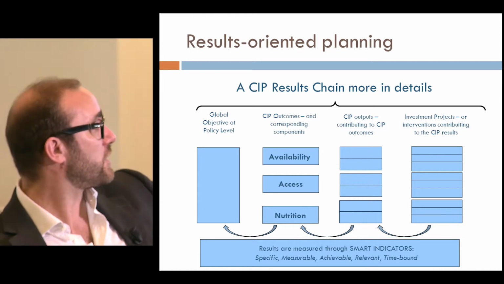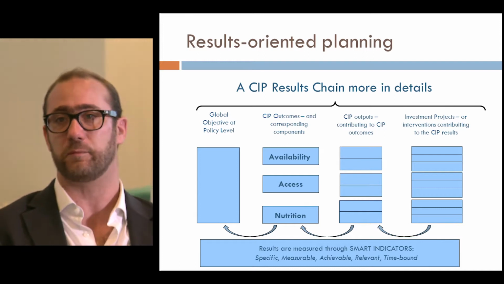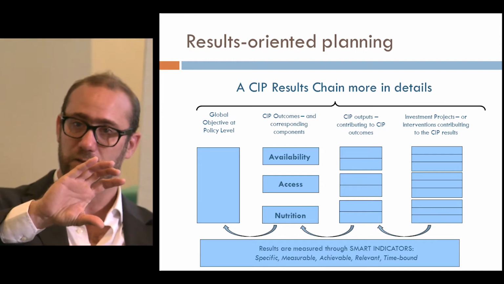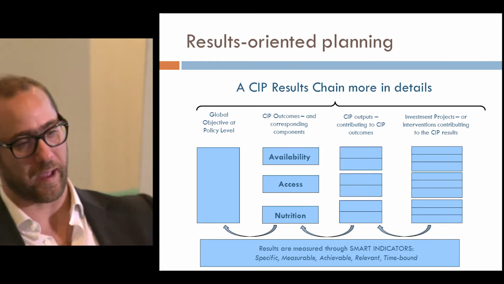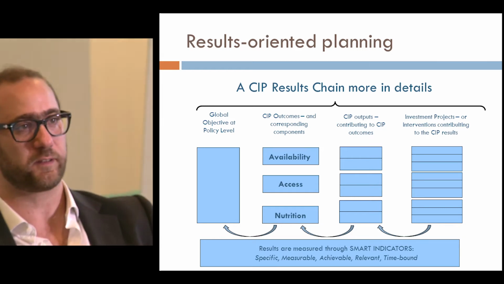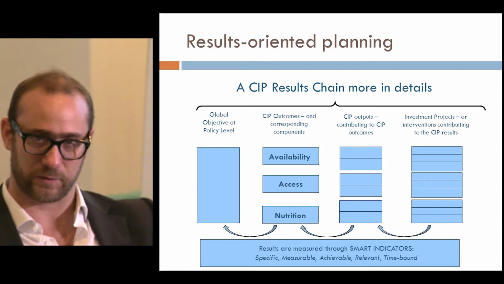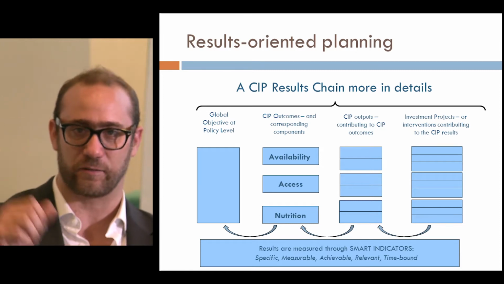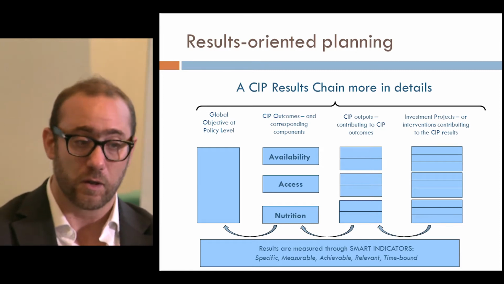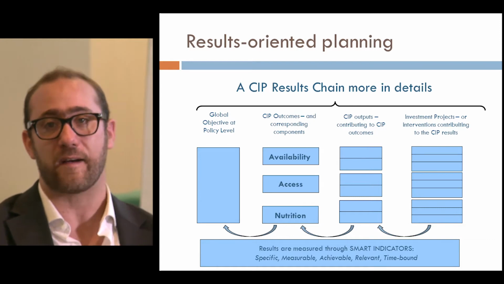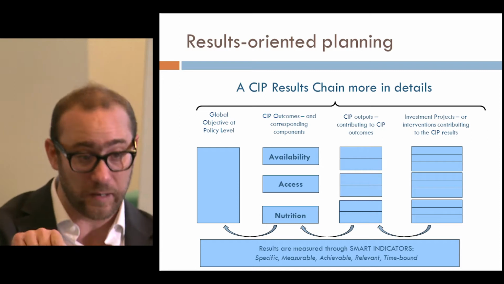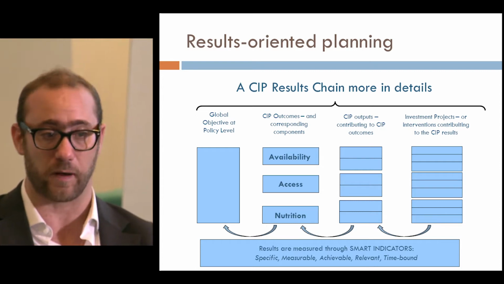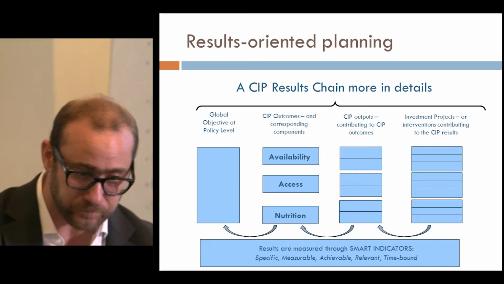So here, essentially, we have the same structure that we had before, but turned 90 degrees counterclockwise. So we had it vertical from impact to activities, and here we have from impact on the left to interventions on the right. What is essential to know is that everything is linked, everything is related, in the structure of a country investment plan.